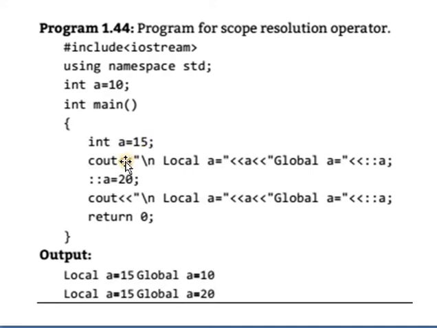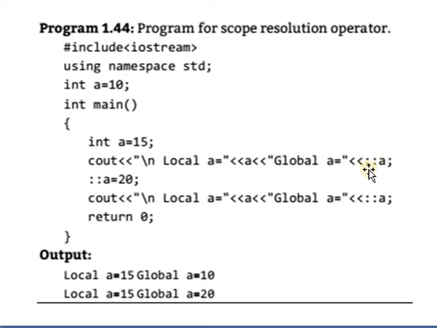Then the values are displayed by using cout statement. The values of the particular variables are displayed, for displaying local and global values. For displaying the local value of a, simply display a's value, which means 15. Here local variable a's value is 15. So here it displays the value of a is 15. Next here global a's value is displayed.